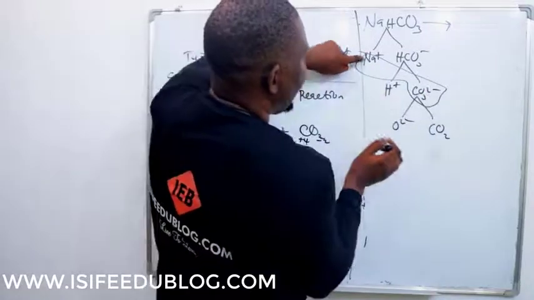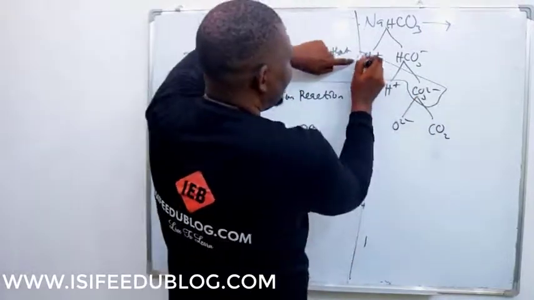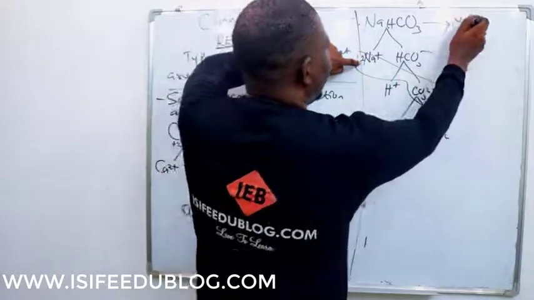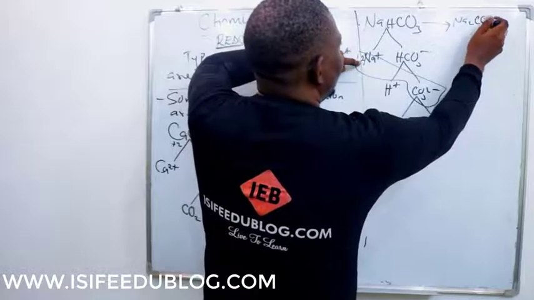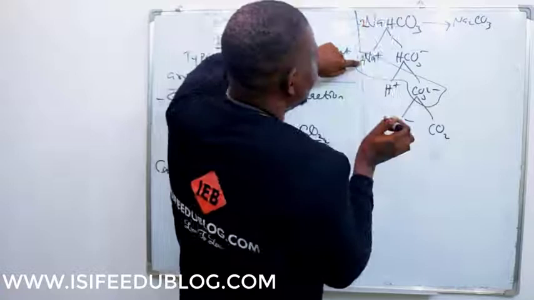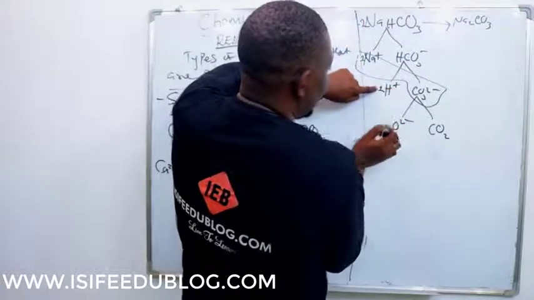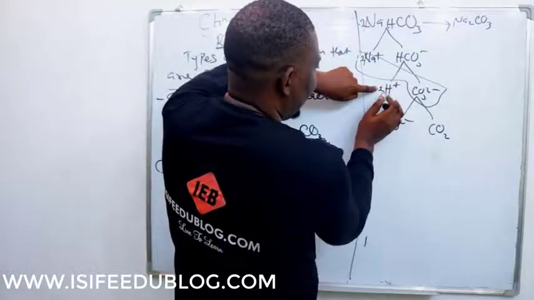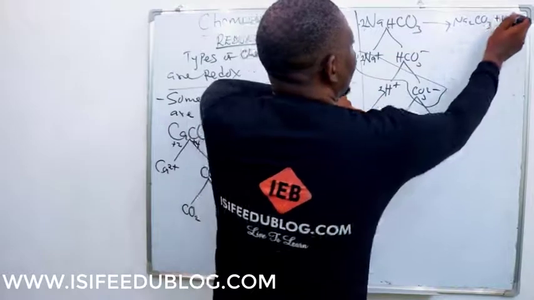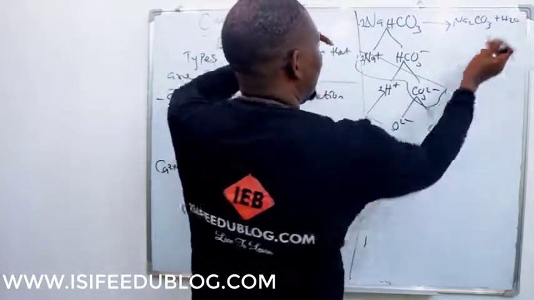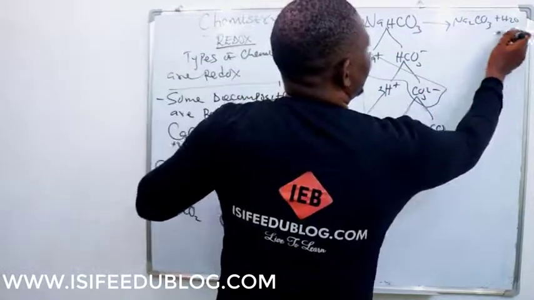Make sure there will be 2 here, since this is 2-, so you can balance. So you have Na2CO3. The 2 will actually go here, so we can combine with charge balance. So going together, we have plus H2O, and then plus CO2.